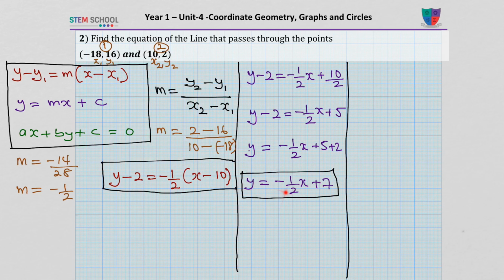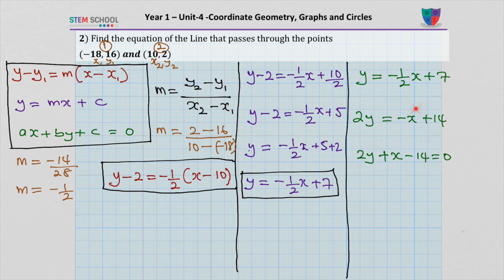Now I need to rearrange this equation to look like the third form. To do that, I need to get rid of the fraction, the denominator here, which is 2, so I need to multiply everything by 2. So I get 2y equals minus x plus 14, because 2 times minus a half, the 2s will cancel each other, so I get minus 1x.